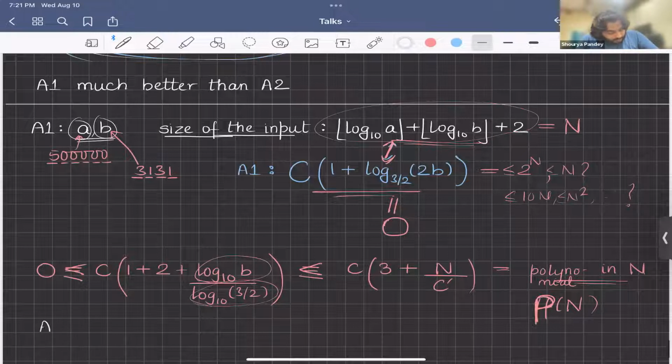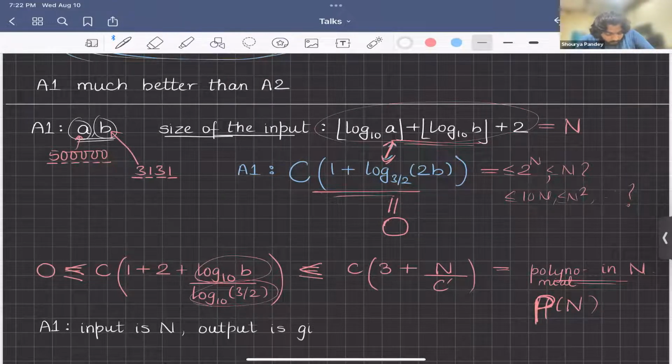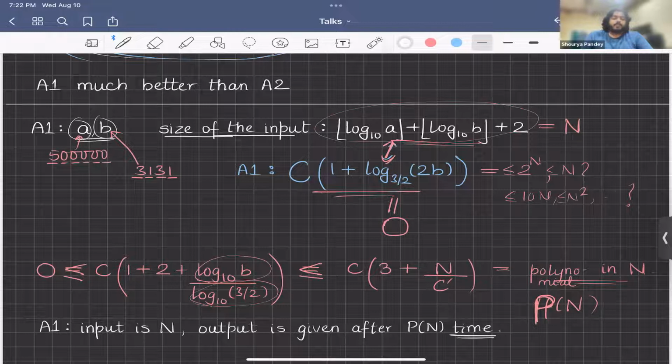So what A1 guarantees is that if the input size is n, then the output is given after P of n steps. And the steps is often referred to as time as well. So instead of steps, now I will call it time, because the number of steps is directly proportional to the time taken.